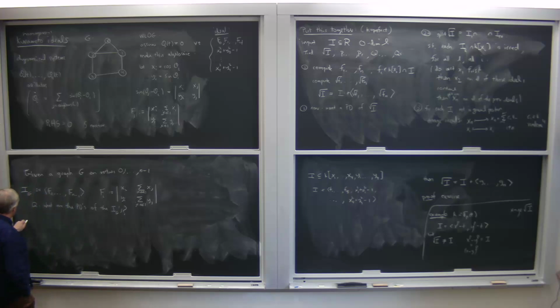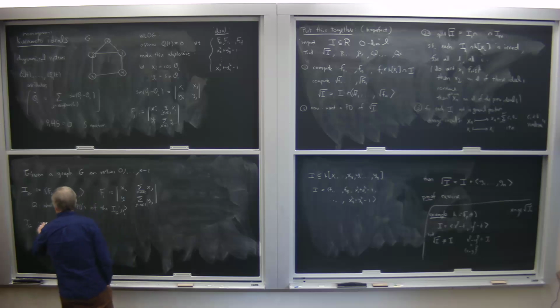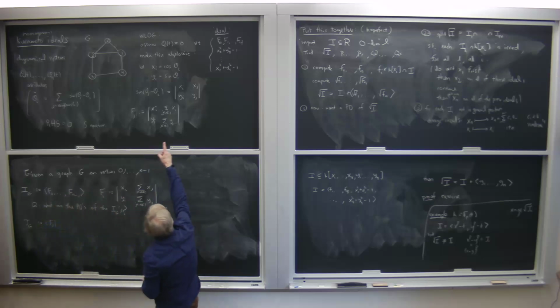Here's another ideal. I'll call it J_G, but we don't actually call it that in the paper. This is given by F0, and since I can make the first oscillator be 0, that means x0 is 1 and y0 is 0.